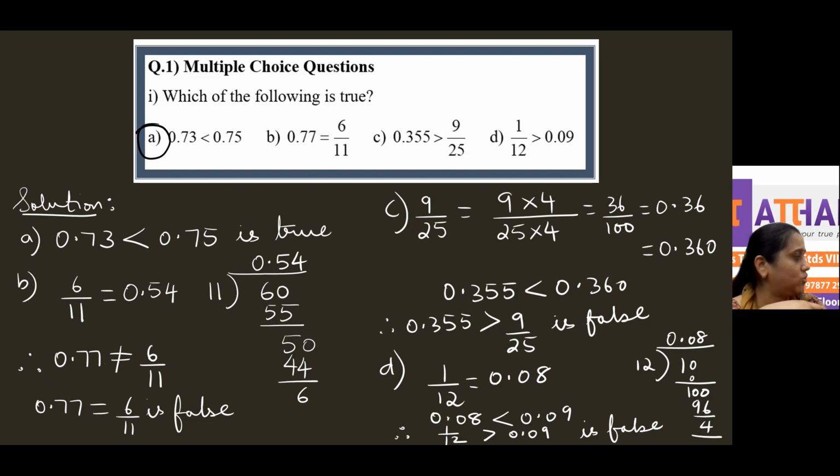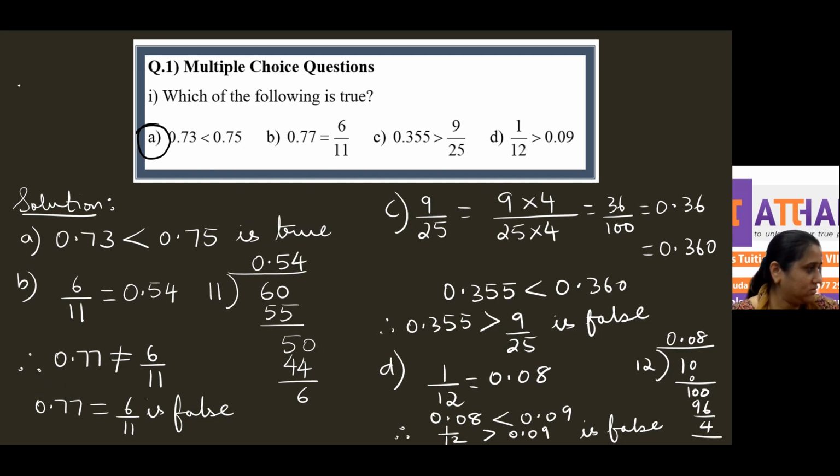Everything on the board should be in your book. So which is the correct answer or the correct option? A. Only this one is correct. You can circle that. Finally we'll say that A is the correct option. I don't have place, so I'll write here.